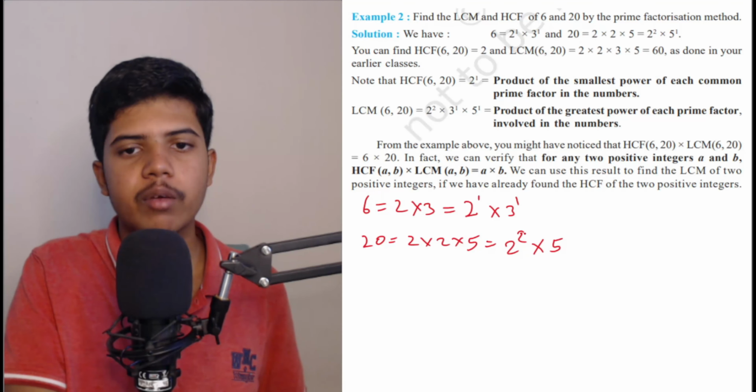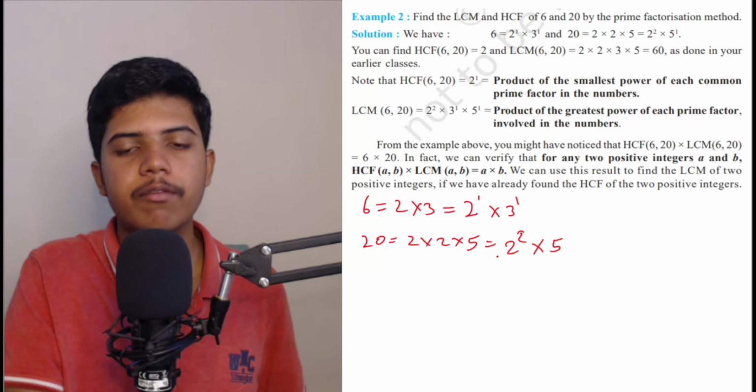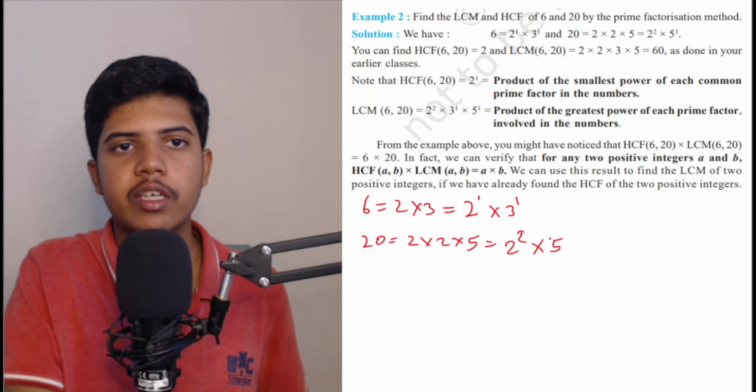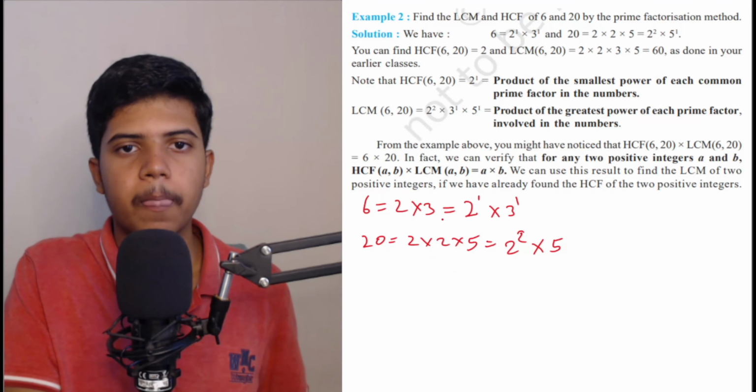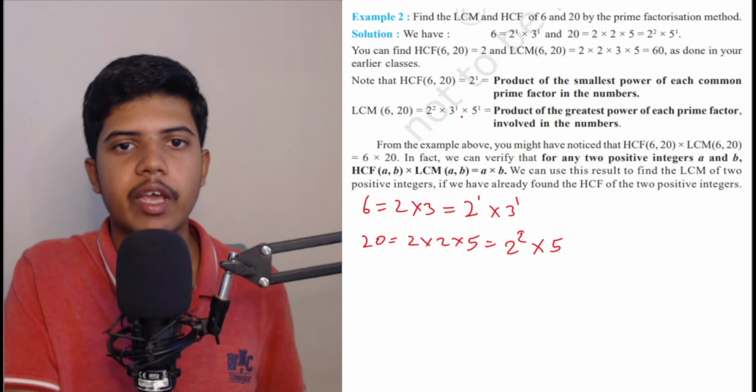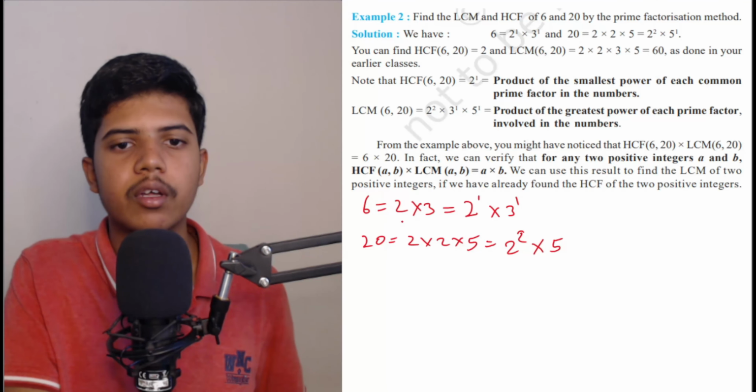Now if you write it in terms of primes, you can easily find the HCF, and in terms of powers of primes, you can easily find the LCM. So that's the reason it's being written like this. So you need to find the HCF and LCM. To find the HCF, we need to look at what's common.